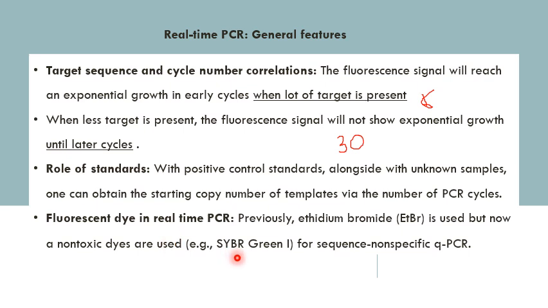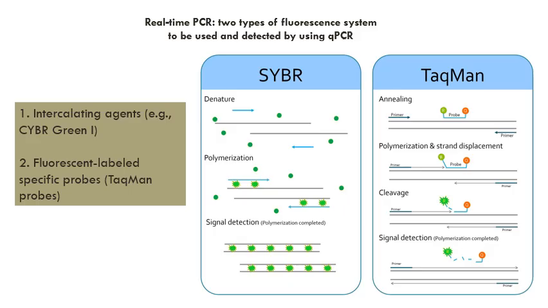These are the fluorescent dyes that are used instead of the carcinogenic ethidium bromide. We have two types of fluorescence systems that are widely used in qPCR. We have the SYBR Green and we have the TaqMan.